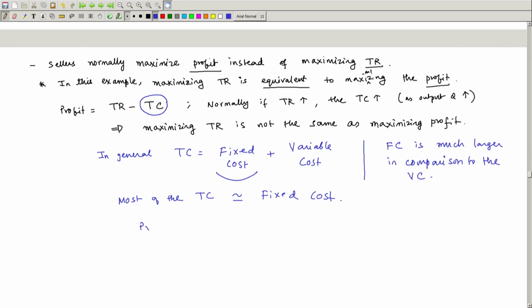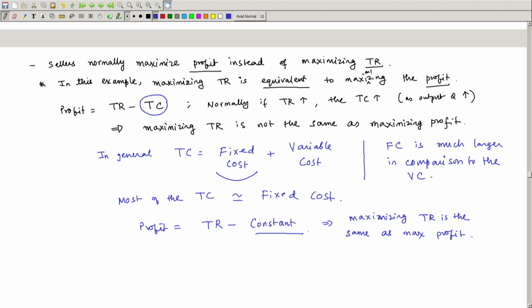So your profit for the movie theater is essentially total revenue minus a fixed cost, which is a constant number, which is the reason why maximizing total revenue is the same as maximizing the profit.